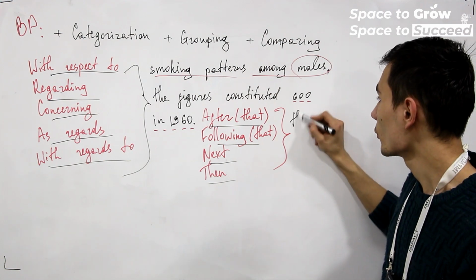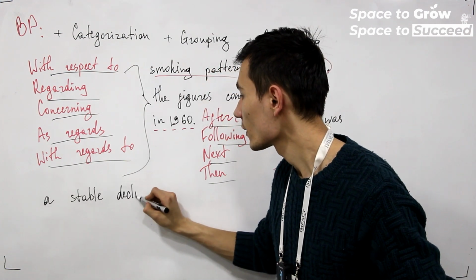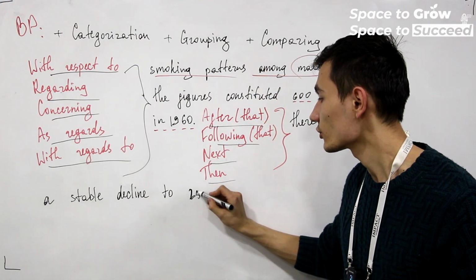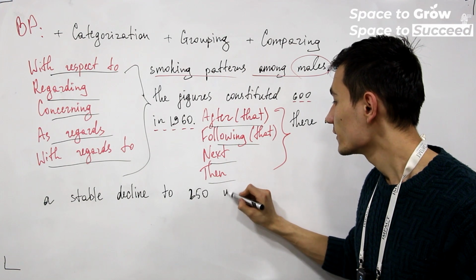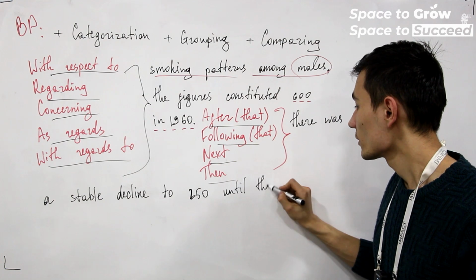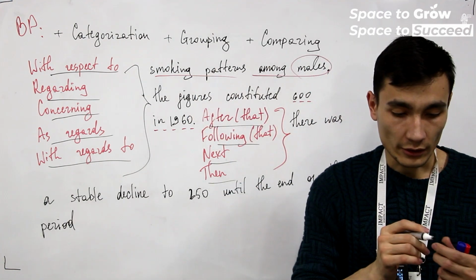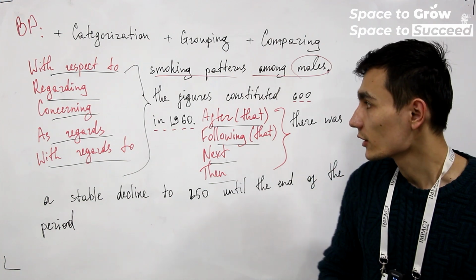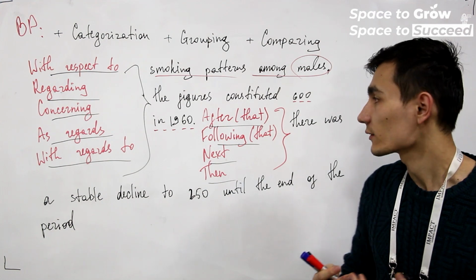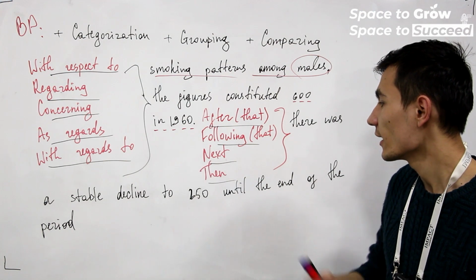We can say there was a steady decline to 250, as we saw in the line, until the end of the period. We can stop here, but if we stop here, it will be really information poor, because we just give basically 600 and 250, 1960 and the end of the period.